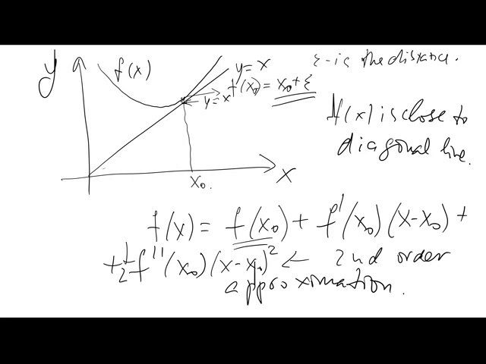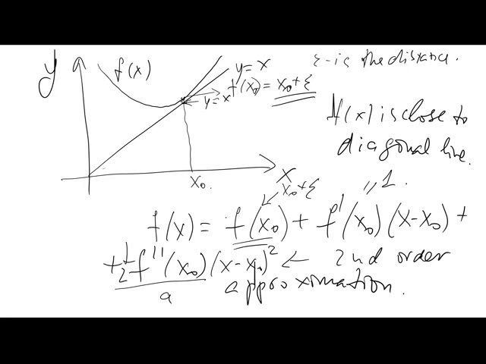So here we can put x naught plus epsilon. Now, at the point where this function f is close to the diagonal line, its derivative is equal to the derivative of the diagonal line, which is 1. So here we put 1. And for the second derivative term we can use some notation, for example, a.